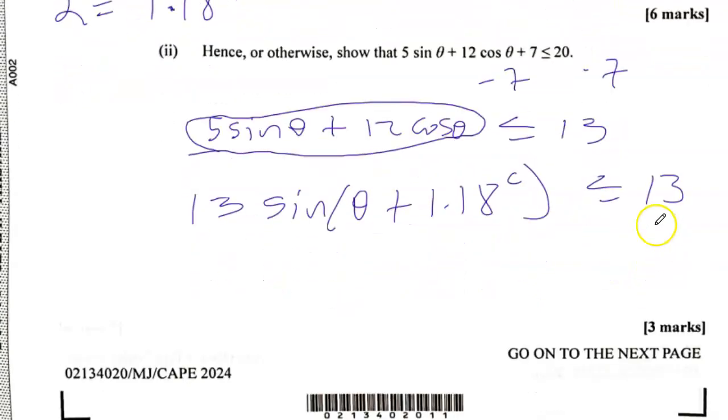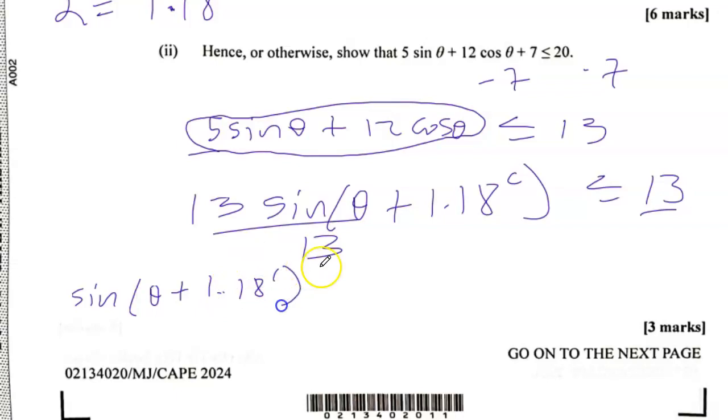One thing we can do is divide both sides by 13. So we end up with sine (theta plus 1.18 radians) less than or equal to 1, which tells us that the largest possible value for this is 1.